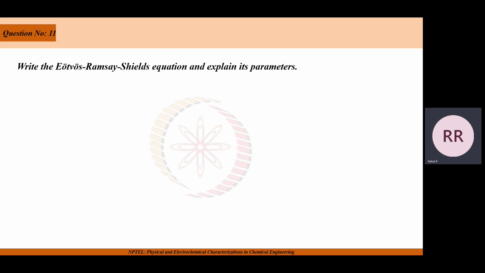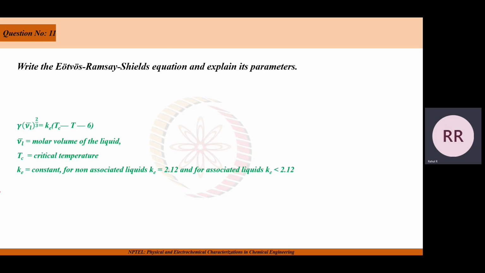The Ramsey-Shields equation is this: surface tension gamma times the molar volume of the liquid to the power 2 by 3 is equal to some constant Ke times (Tc minus T minus 6), where Tc is the critical temperature and T is the measured temperature.